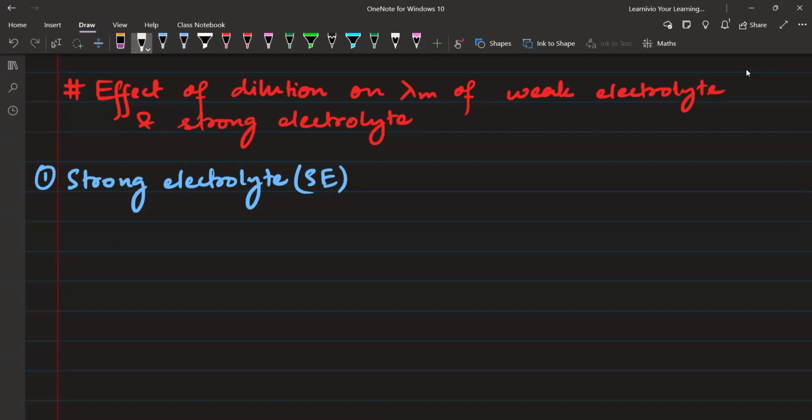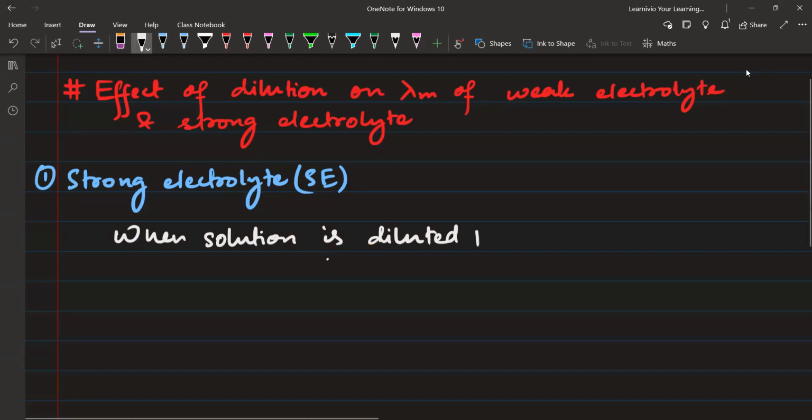So please write: when solution is diluted, lambda m, the molar conductivity of strong electrolyte, increases slowly.